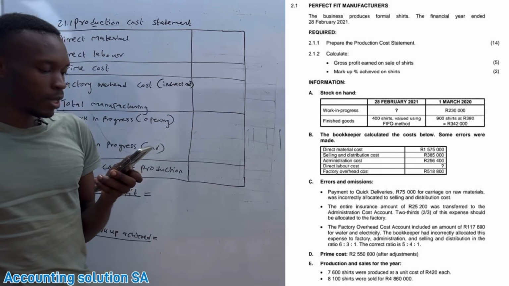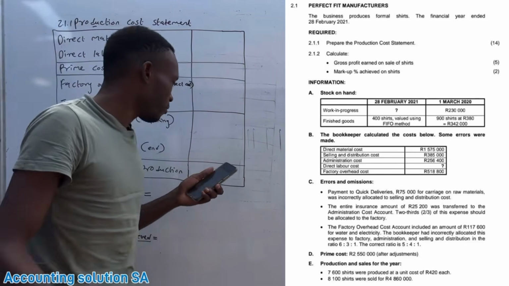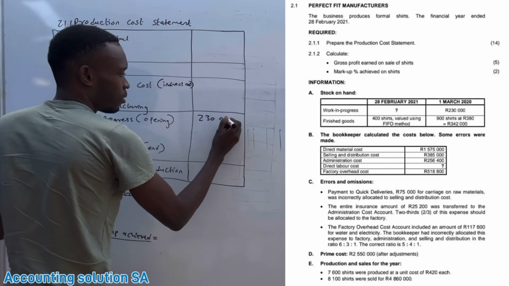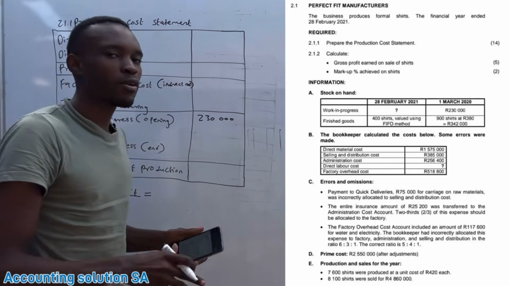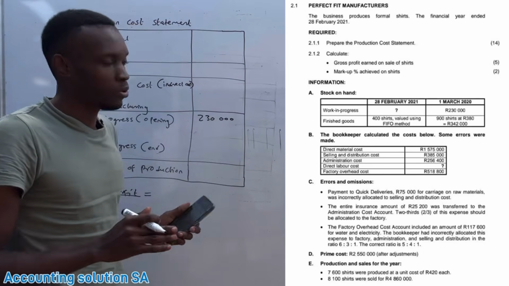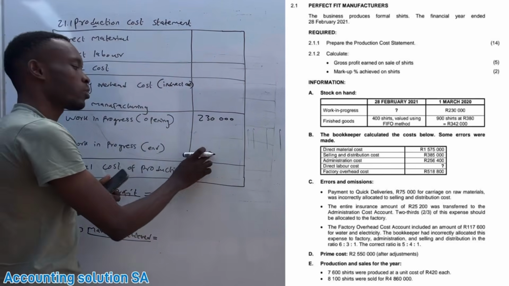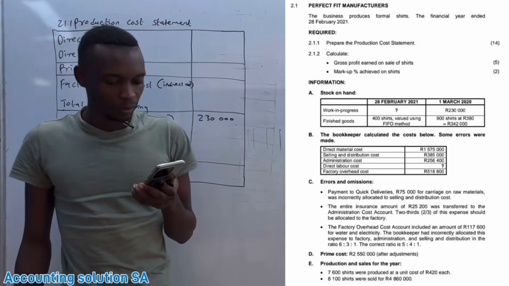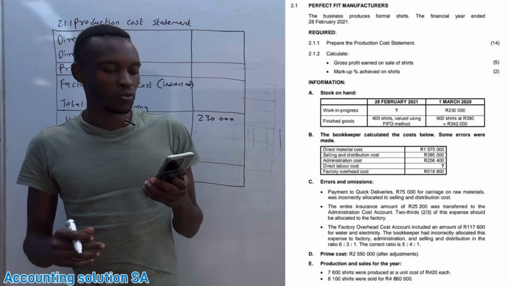Then the balance at the beginning, work in progress, we have it is 230. It's fine. You can start anywhere, guys, as long as you have an available balance, you can just record. The balance at the end we're going to put here, but we don't have it. Then let's proceed. Finished goods, we're going to do it when we calculate cost of sales.